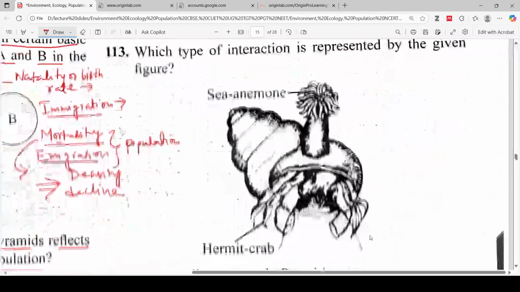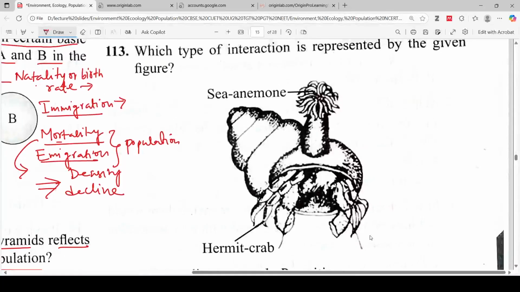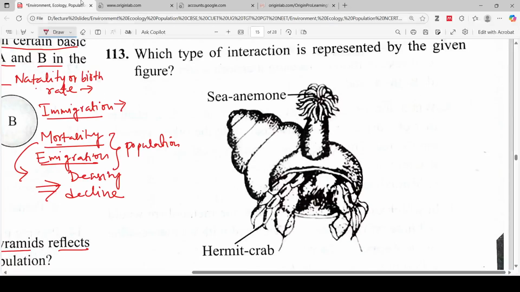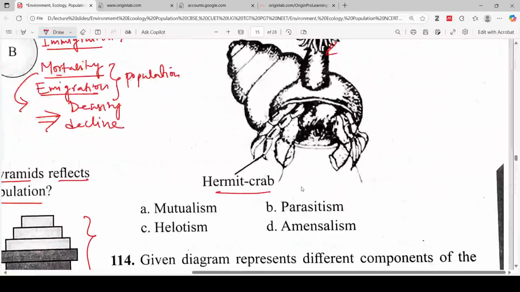Next question: which type of interaction is represented by the following figures? Sea anemone resides on the barnacles inside the hermit crab. So it is mutualism, parasitism, commensalism, and amensalism.